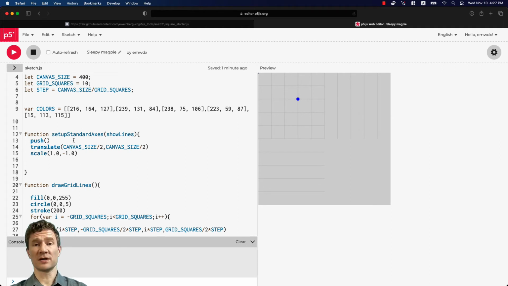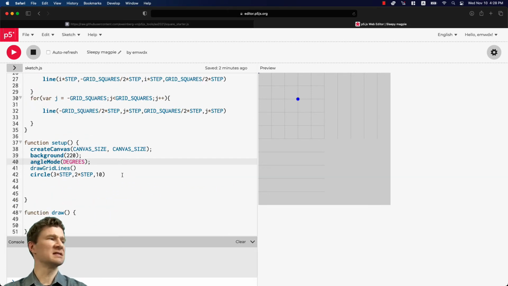What this function does is it translates, it moves the origin halfway in the x direction for x, and then halfway down in the y direction for y. And then it flips the axes around so that we don't have that weird thing happening with the y direction being down. Normally, x is positive to the right and y is positive upwards. And so by having this function here, setUpStandardAxes, it takes care of that for me.